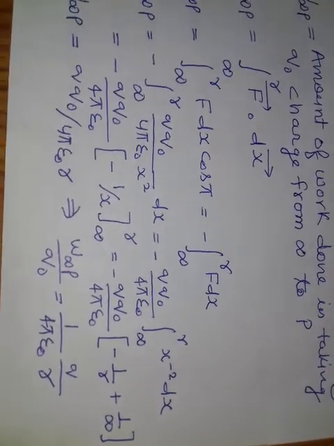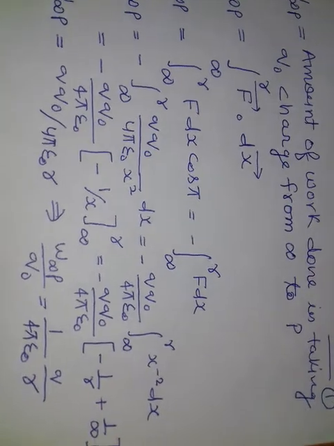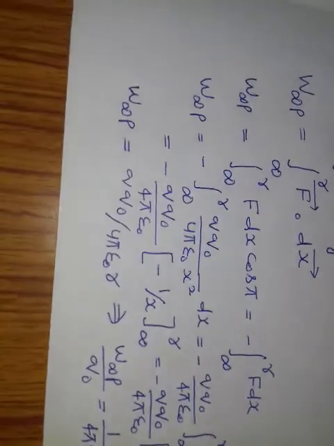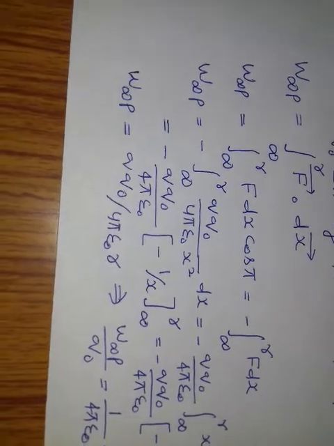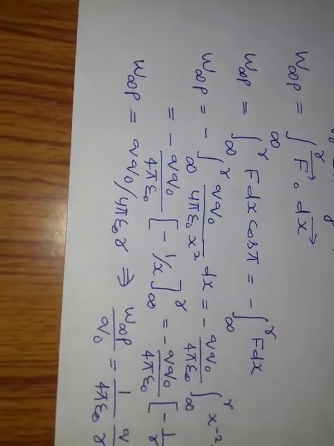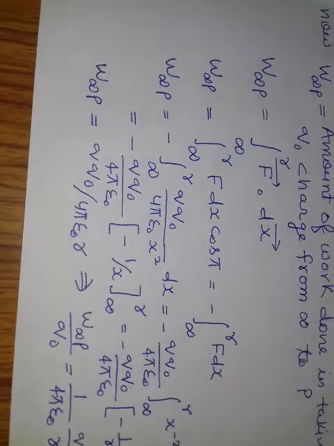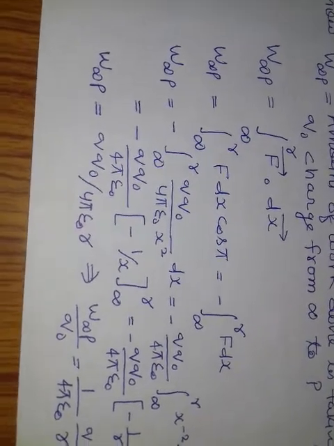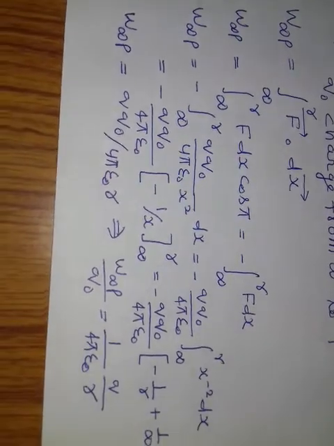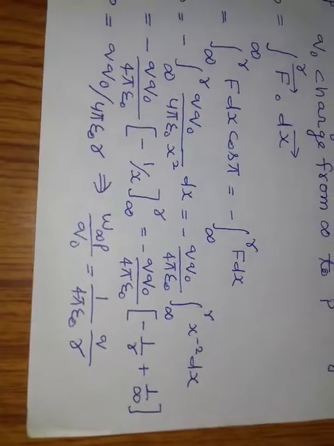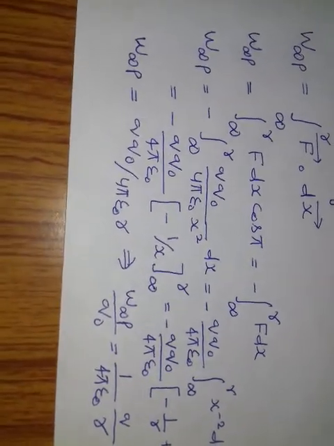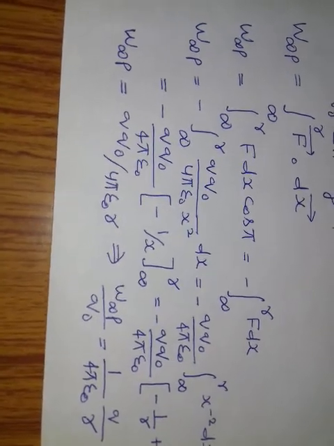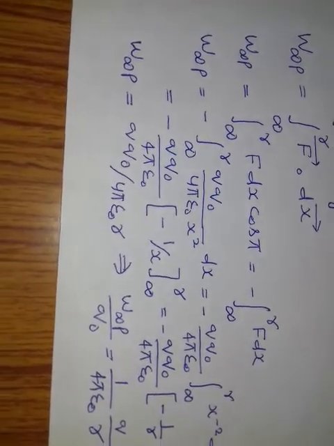The integration of x to the power minus 2 dx is minus 1 upon x. So W infinity to P is equal to minus Q naught upon 4 pi epsilon naught times the bracket of minus 1 upon x from infinity to r, and finally you solve this. What you get, W infinity to P is equal to Q naught upon 4 pi epsilon naught r.